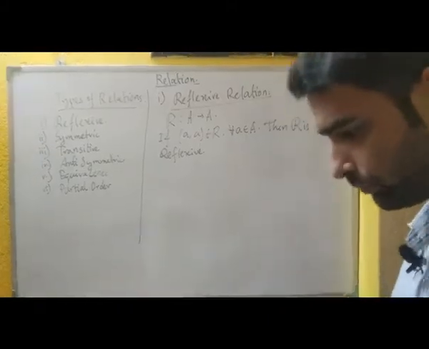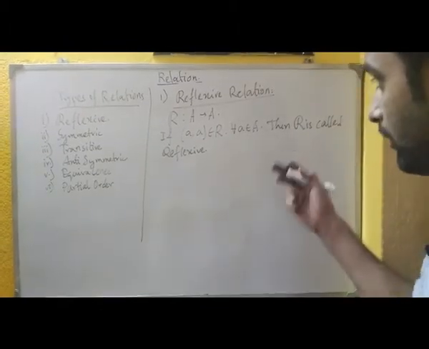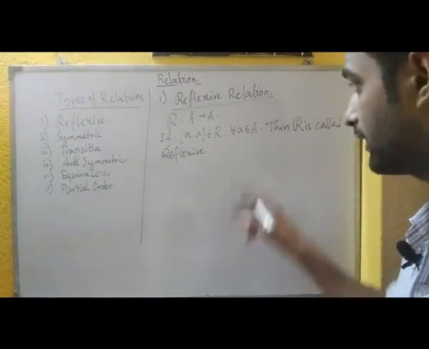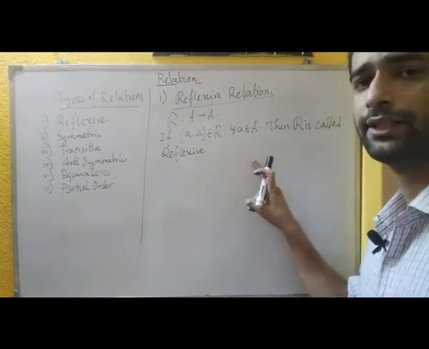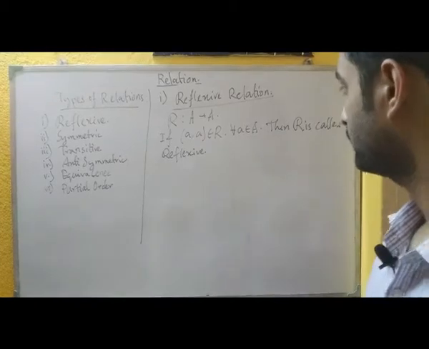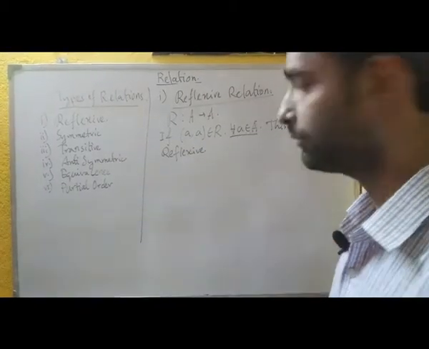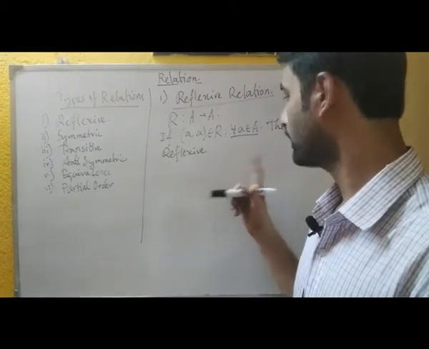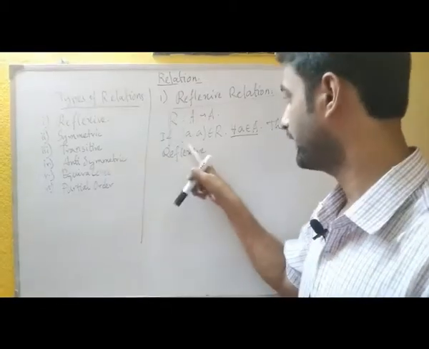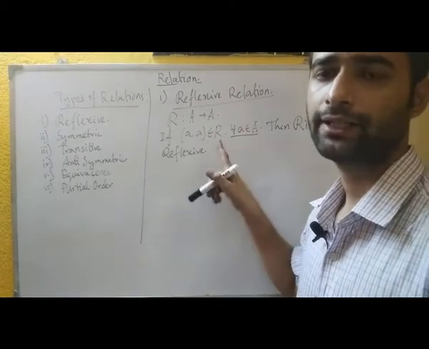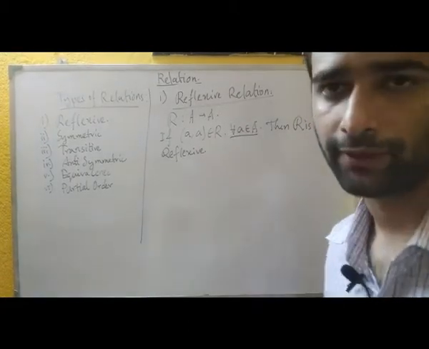Basically we want to know whether an element of A is related to itself or not. If it is related to itself, then the relation is a reflexive one, provided this holds for all the elements a. If for at least one element we see that (a, a) does not belong to R, we will say that the relation is not reflexive.